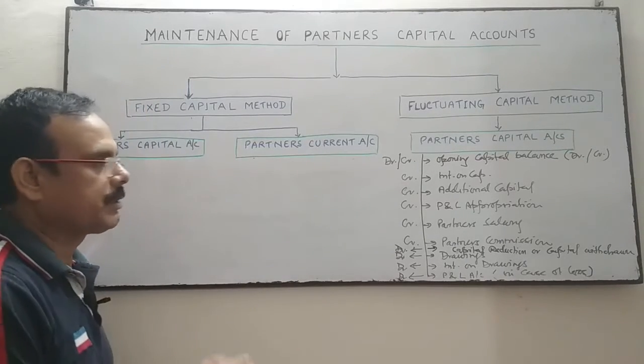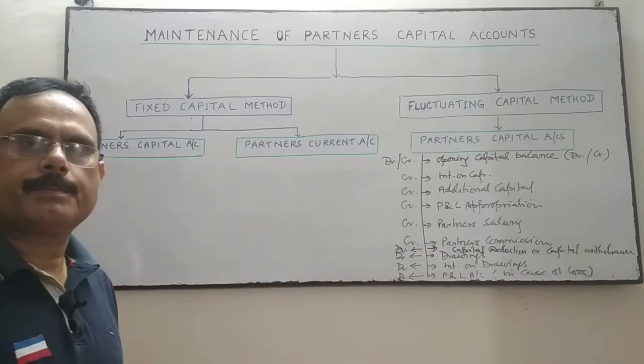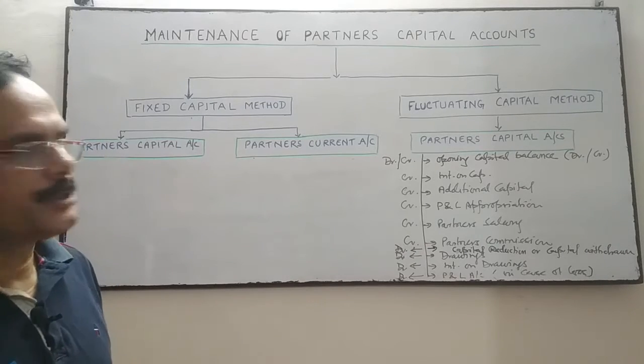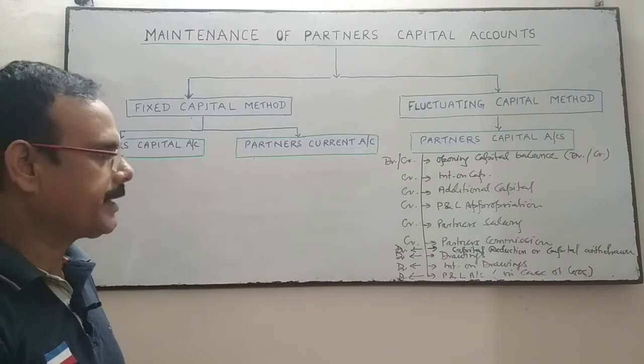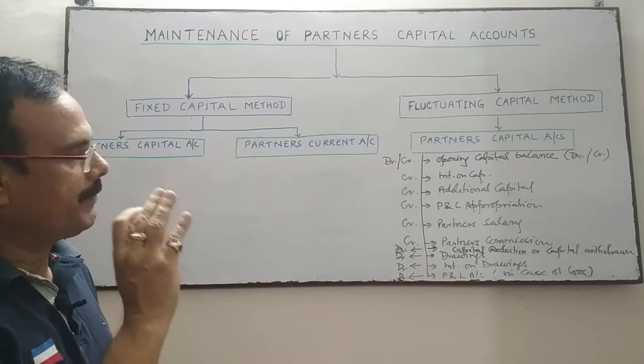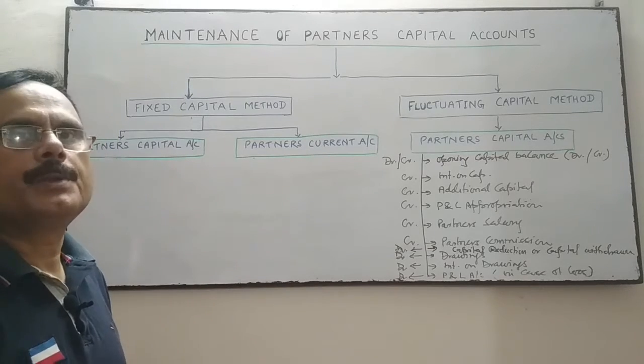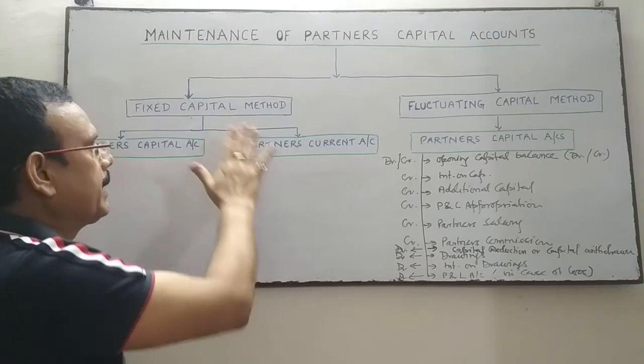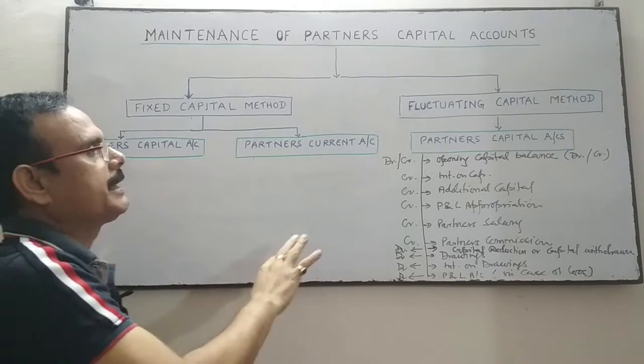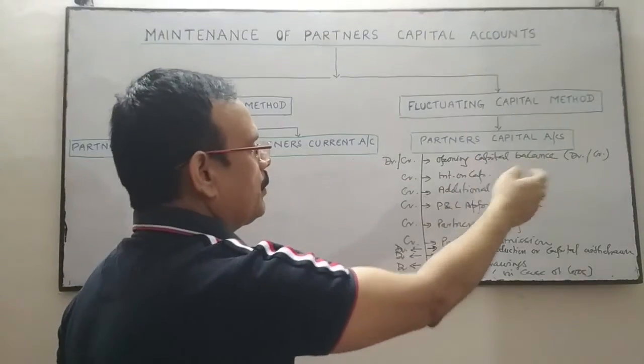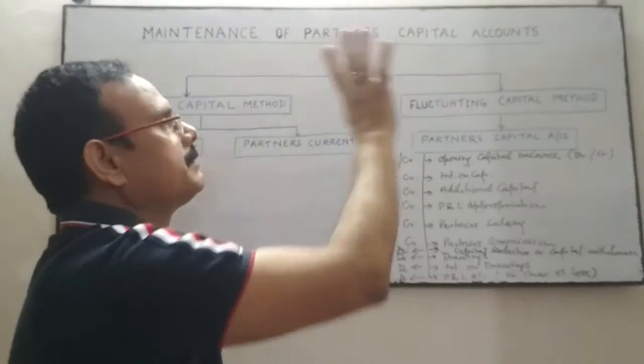Interest on capital, interest on drawing, partner's salary, partner's commission, drawing, profit and loss appropriation account will be in the current account when the capital is fixed, but the same items will be in partner's capital account when the capital is fluctuating.